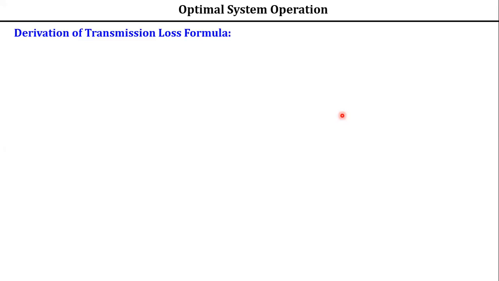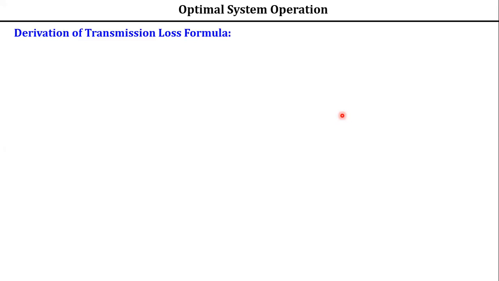I said there are several ways. Out of several ways, we are going to derive this transmission loss formula. However, the detailed analysis to derive this one is beyond your curriculum. It is not required.